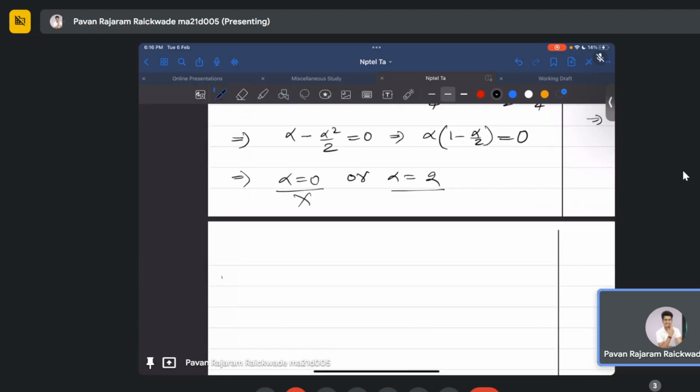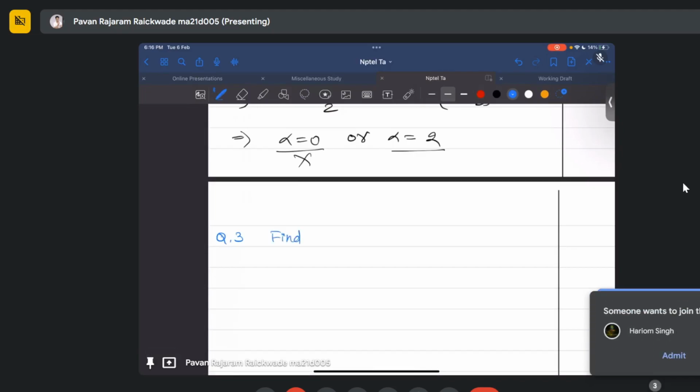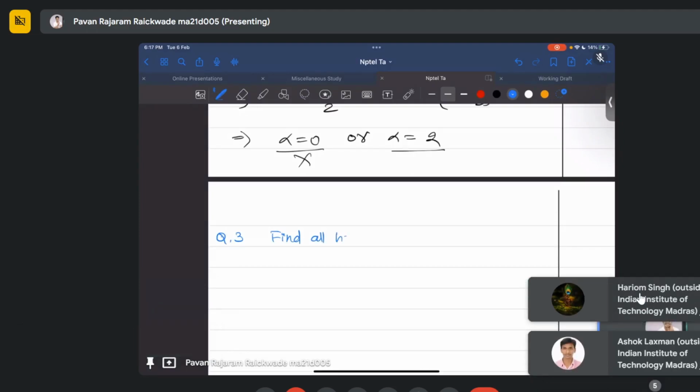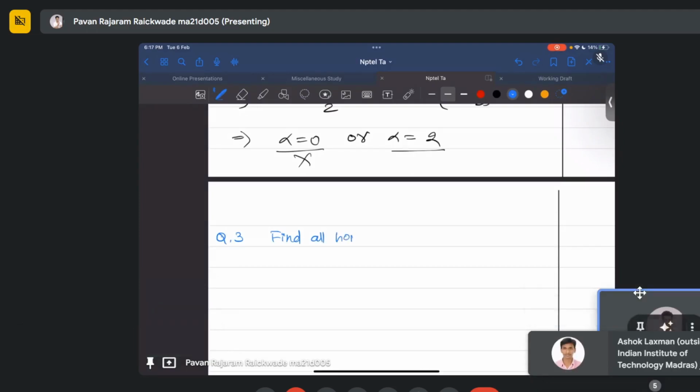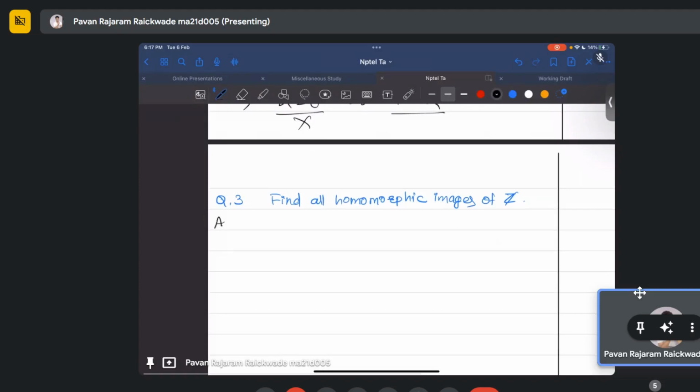Okay, now question number 3. Find all homomorphic images of Z. Okay, answer.